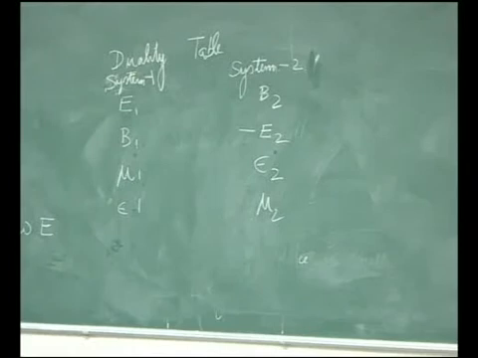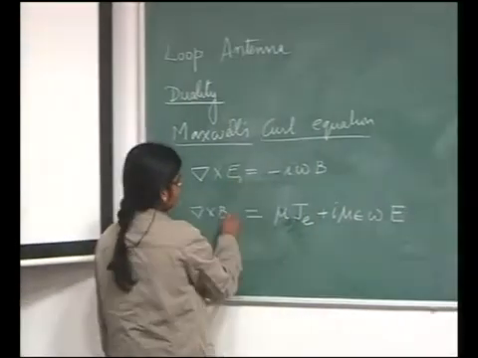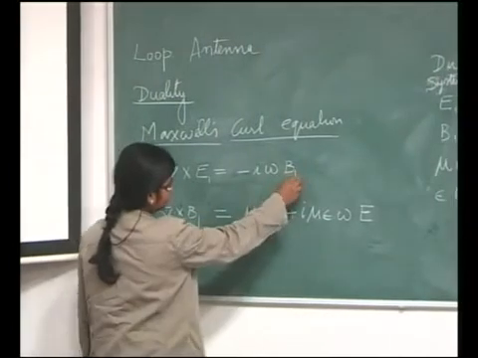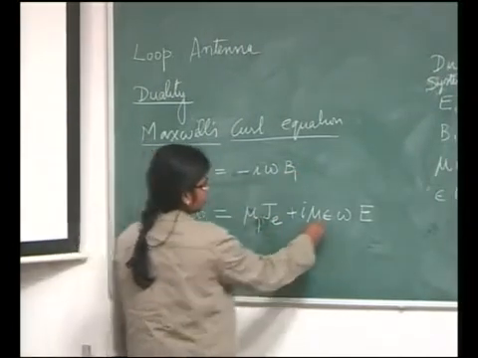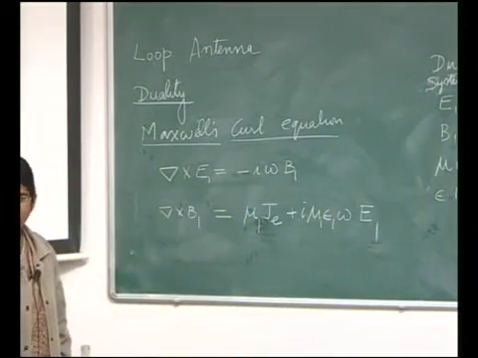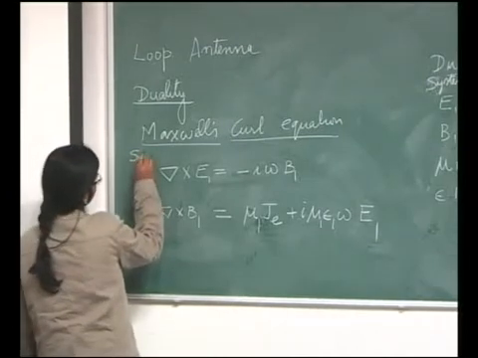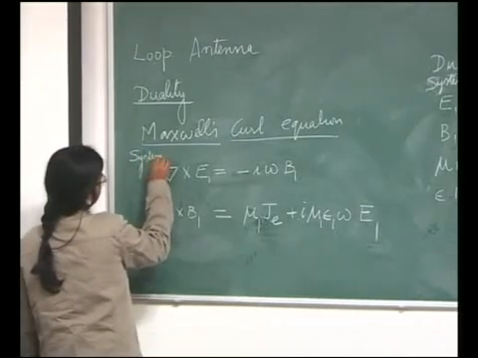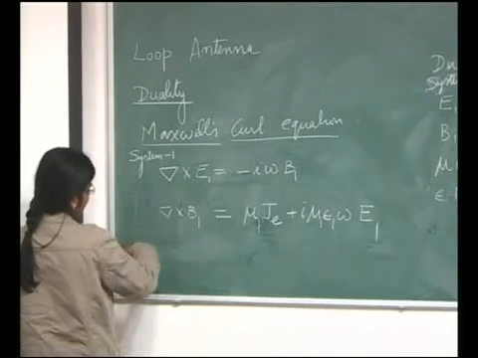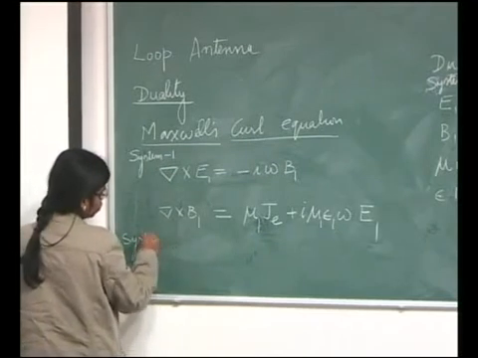So from here I can write these equations again. I say that this is E1, this is B1, this is B1 mu 1 epsilon 1 E1. So I can write the new equations for system 1. These equations are for system 1. Then I can write new set of equations for system 2.